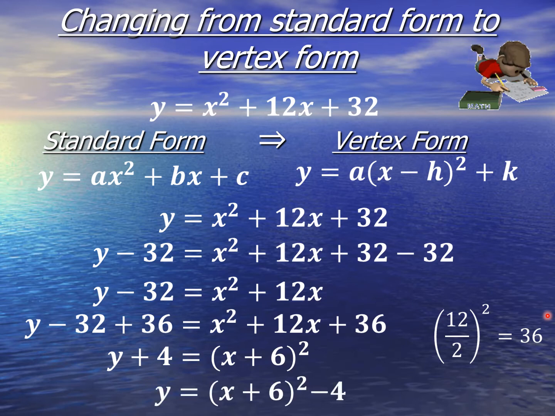So we will be getting y equals x plus 6 squared minus 4. Where did we get x plus 6 squared? Because when we convert this into the product of two binomials, it is equal to x plus 6 times x plus 6, or x plus 6 squared.